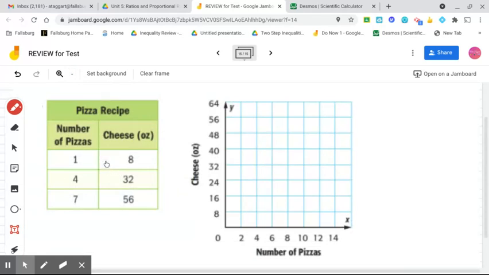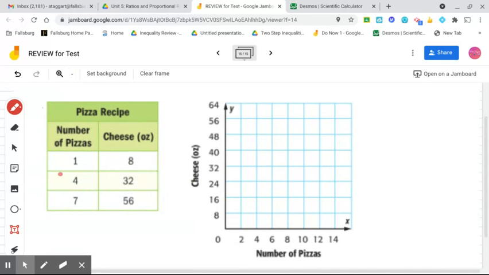So I'm going to zoom in a little bit. And I'm going to graph the point (1, 8). So (1, 8) is about here. And I do (4, 32). And (7, 56).